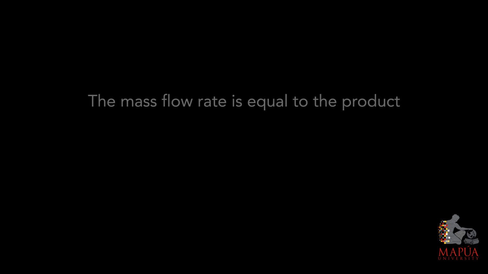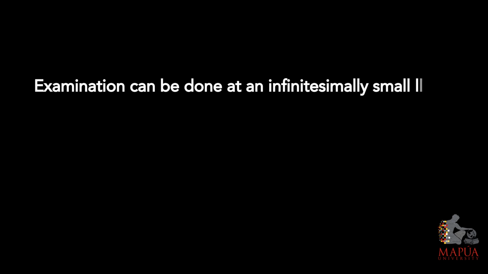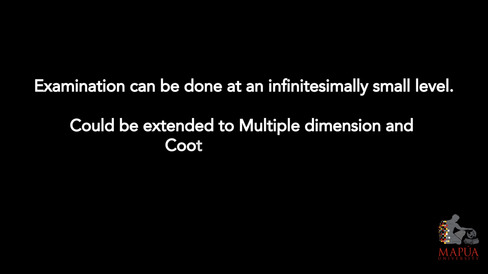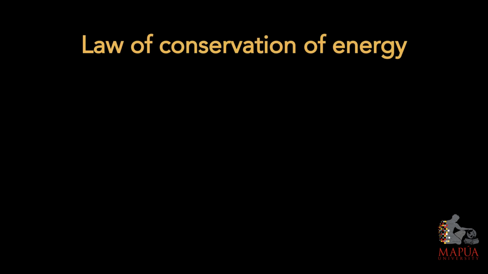Do recall that the mass flow rate is equal to the product of the density, the area, and the average normal velocity to which the flow is occurring. Like in many other cases, examination can be done at an infinitesimally small level and could be extended to multiple dimensions and coordinate systems.